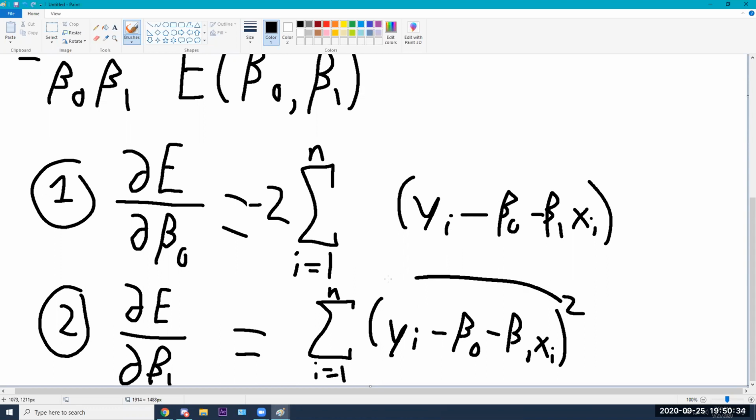So we still do the same power rule as before, so we put this 2 out in front. But now, since we're taking the derivative with respect to beta 1 instead of beta naught, let's just ignore these other two. You can see that beta 1 has xi in front of it. And remember, since we're taking the derivative with respect to this, you consider xi constant.